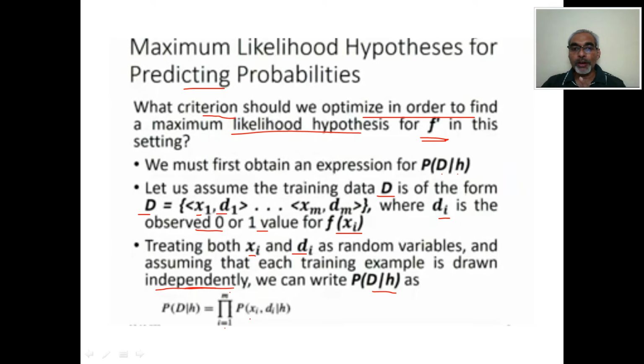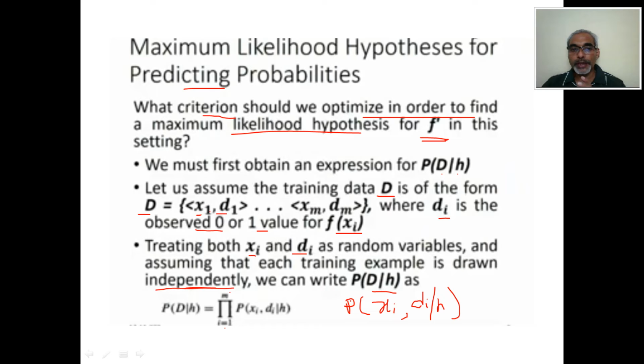So the probability of xi, for all the training examples, comma di. What is the output you are going to get for this particular hypothesis, whether it is 1 or 0? So we can write the probability of the entire data set D given the hypothesis as the product over x1, x2, x3, x4, and so on.